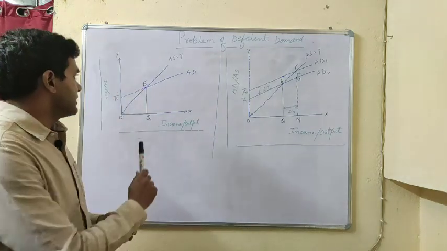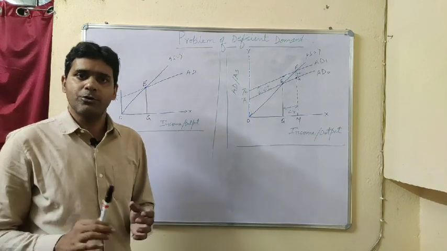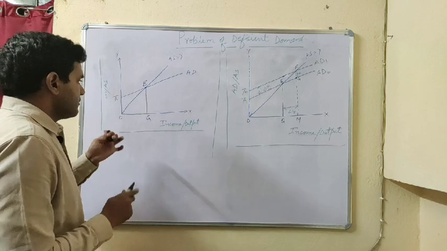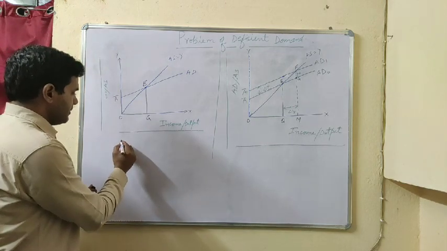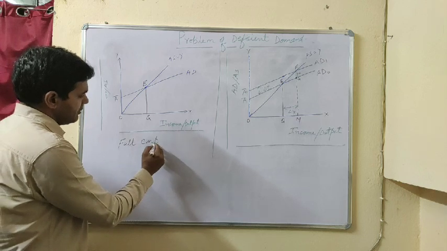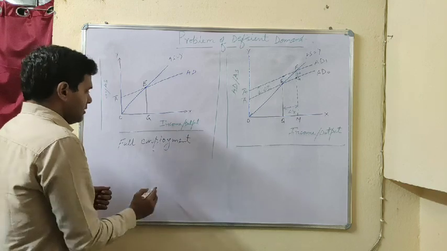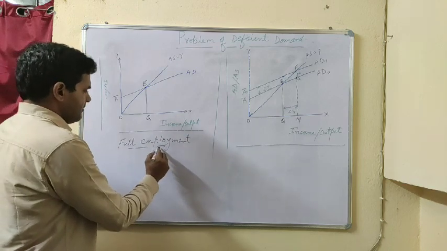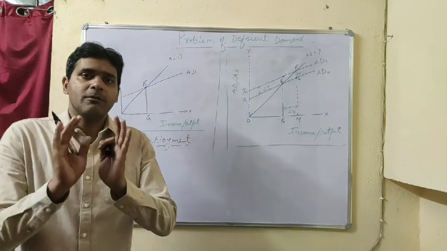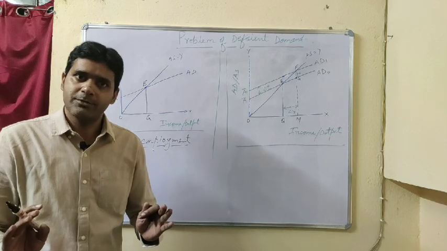First is representing the full employment equilibrium level of the economy. First, we should try to understand what is full employment equilibrium, or what is the situation of full employment. Please remember that full employment is a situation of the economy where all the factors of production are fully employed.